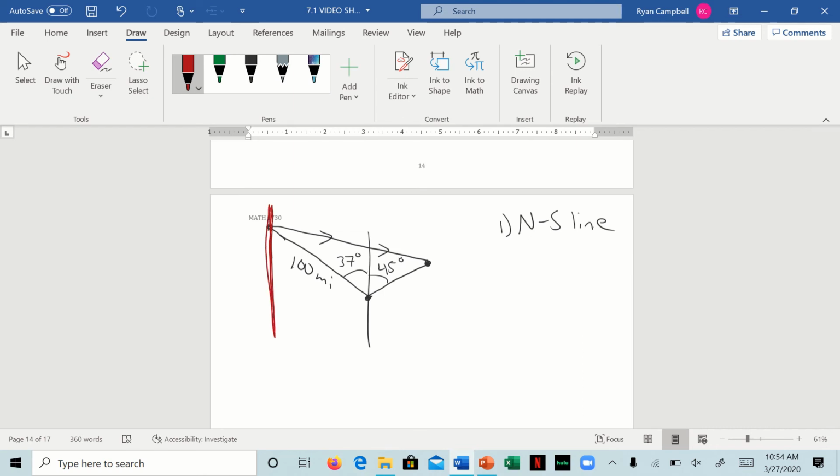Step 2, what's the angle that we need? The angle for the direction needs to go from your north-south line to the direction that you're going. So if this is our direction, and this is the north-south line, then we need this big angle right here. This is what we're trying to find.